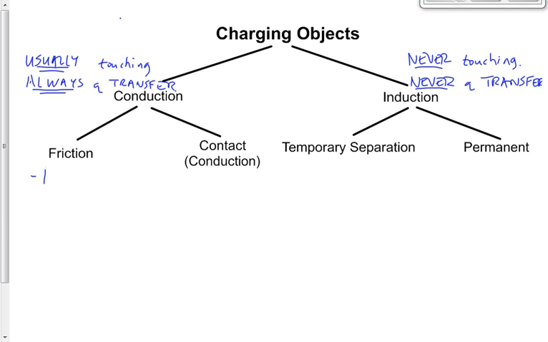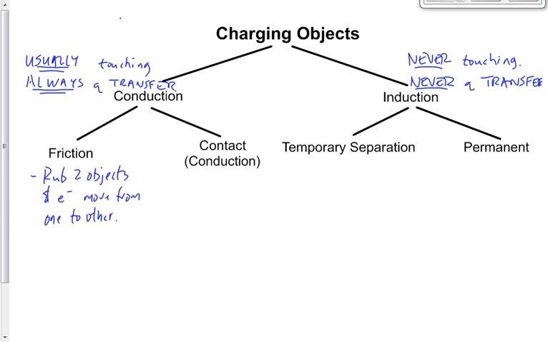You rub two objects together, and electrons move from one to the other. The one that gains the electrons will become negative. The one that loses the electrons will become positive. The law of conservation of charge comes into play here as well, right?